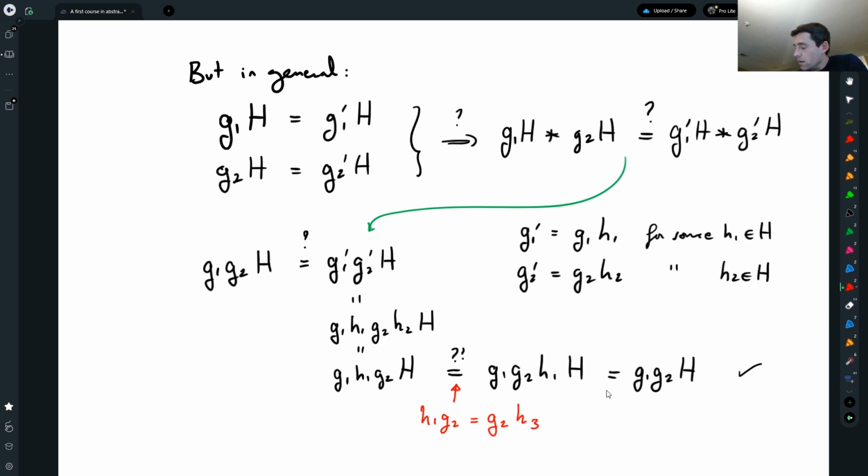But this equality does not always need to happen. That H1 G2 is G2 times something in H is not completely necessary.